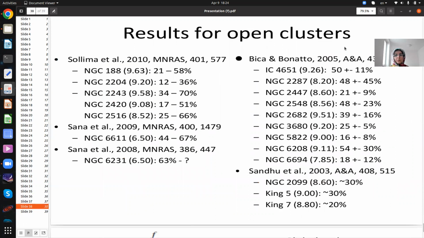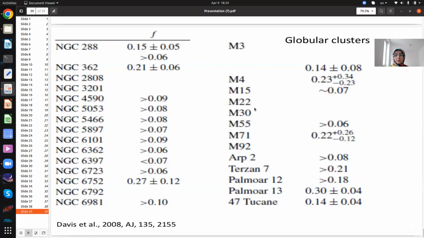So as reasons for open clusters, we can see that in open clusters there is a high percentage of binary systems. But in globular clusters, it is less. As you see, the numbers are so low. What's the reason for that?